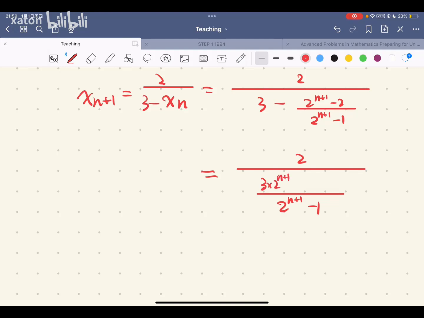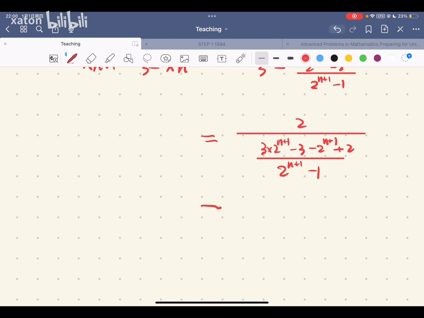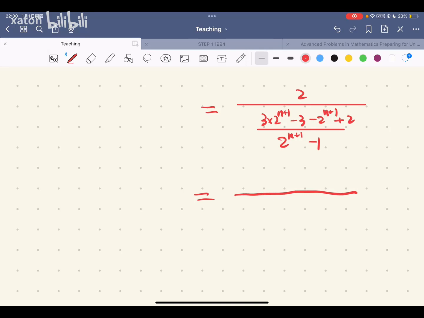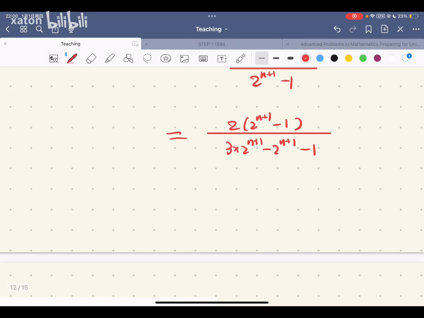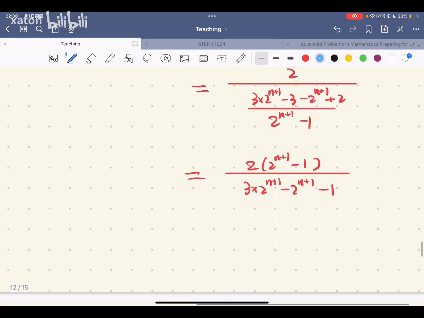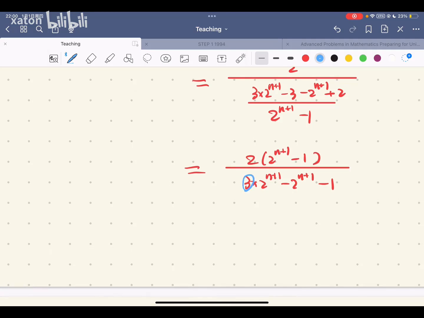Combine the terms and flip over. For the denominator, we can see that it is basically just powers of 2, so we try to let 3 be 2 plus 1.